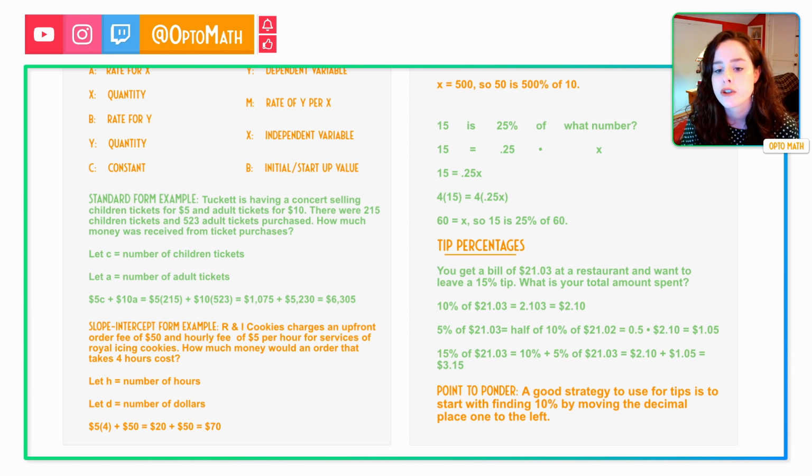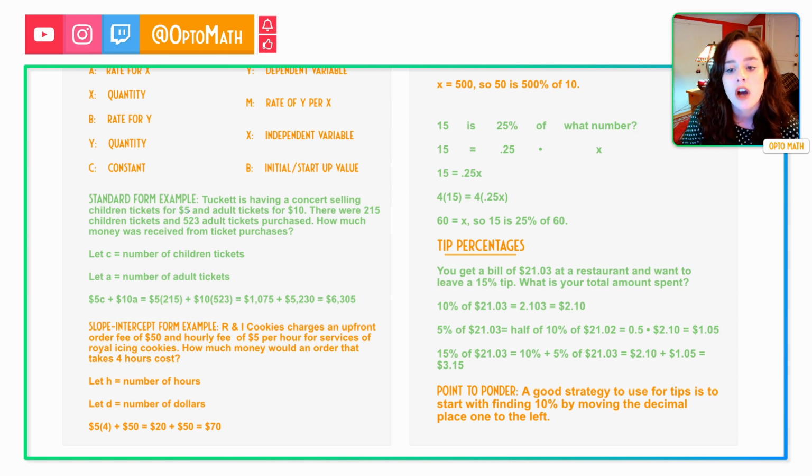There were 215 children tickets and 523 adult tickets purchased. How much money was received from ticket purchases? Okay, so we've got several different pieces of information. So we set a variable c for the number of children tickets, c for children, and we said let a be the number of adult tickets, so a for adult.